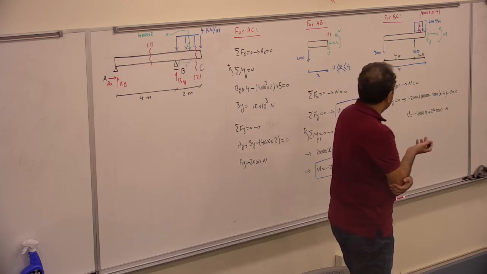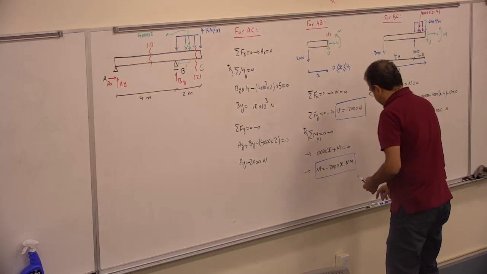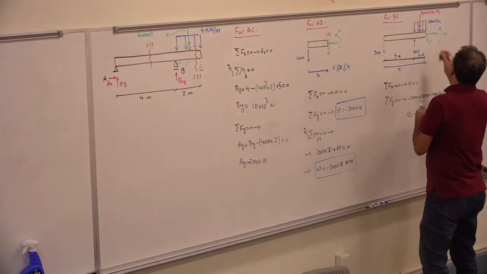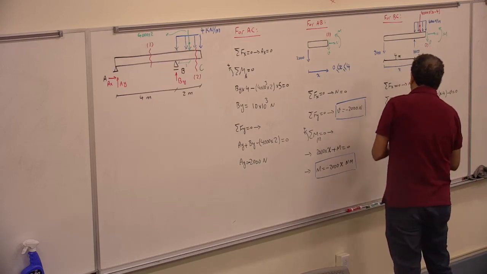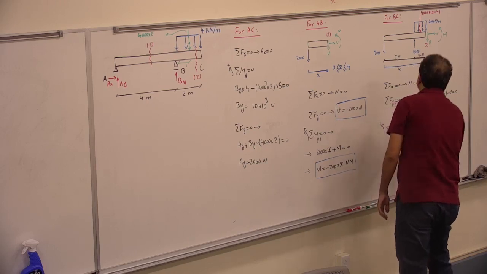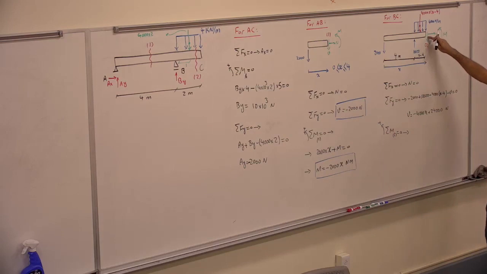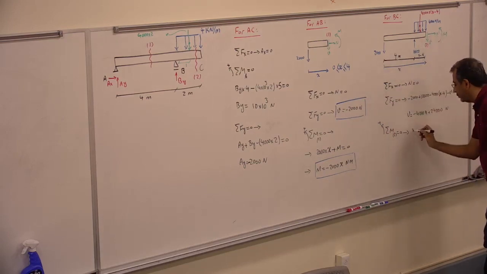Next, I have to find the moment. Again, I have to write a moment about that section. This is section 2 here. What I cut here is section 2. So I will write a moment about that section 2, equals 0. Clockwise positive. So if I write it from there, I have the 2,000, it's going positive, so it's going to be 2,000 times x.